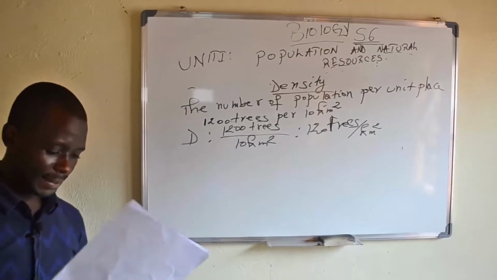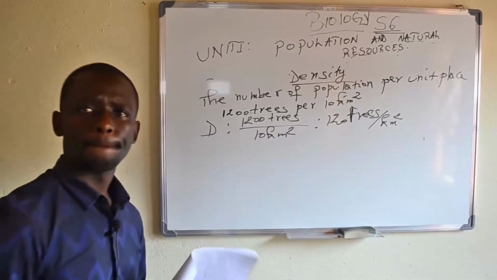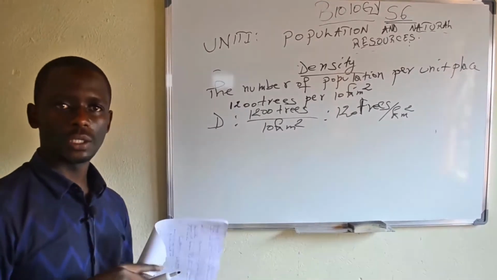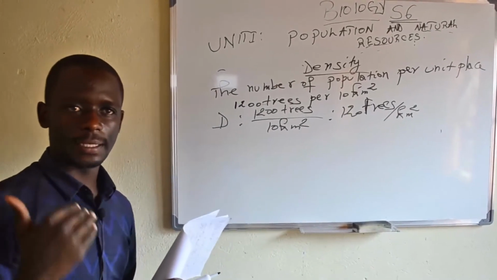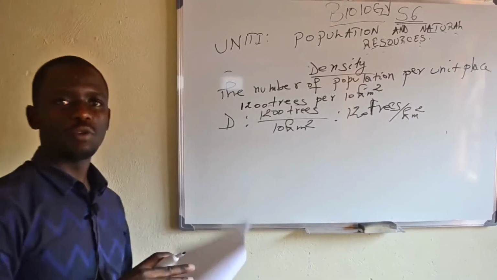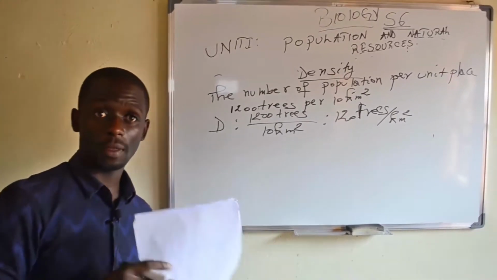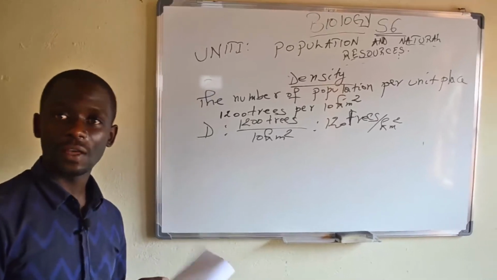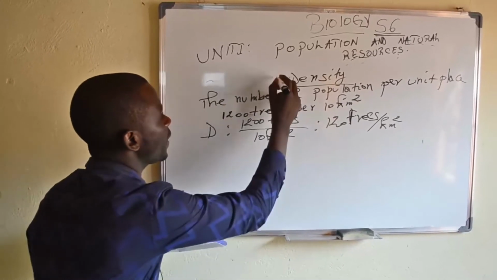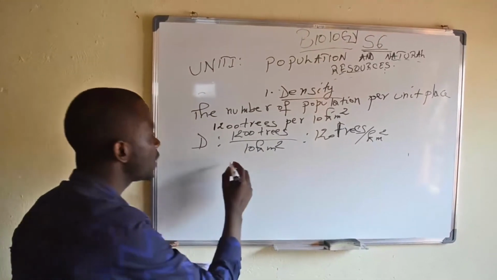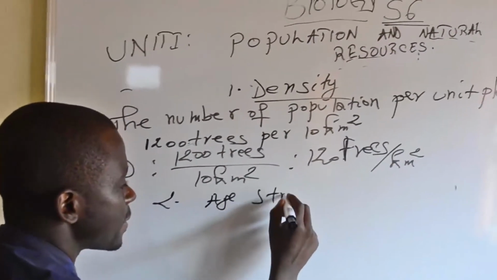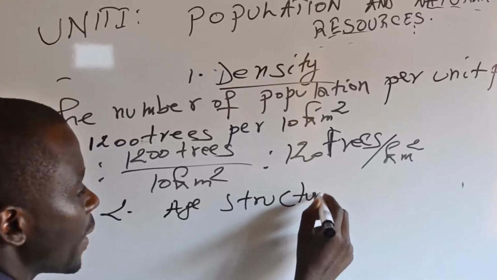The second is the age structure. In the population, the individuals do not have the same age, okay? We have different age structures. For example, the human being, at home, there you are with your parents, you are not of the same age. So the second is the age structure, okay?